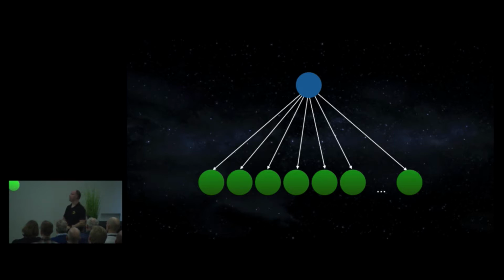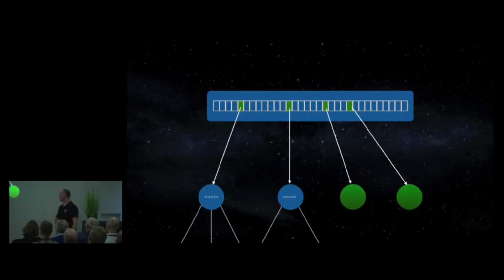Well, the first one is, how do we know which pointer to follow? With the binary tree, it was easy. We just do a less than comparison, go left or right. What do we do here? So let's have a look at a slightly more concrete example. So we've got branch nodes, we've got leaf nodes. Each branch node is going to have an array of pointers in. I've chosen 32 here. That's not an accident. We'll come into why in a moment. And some of those have pointers to branches, some to leaves.